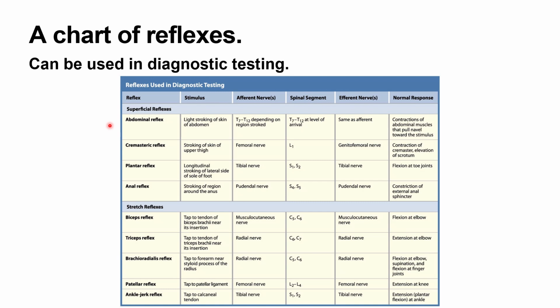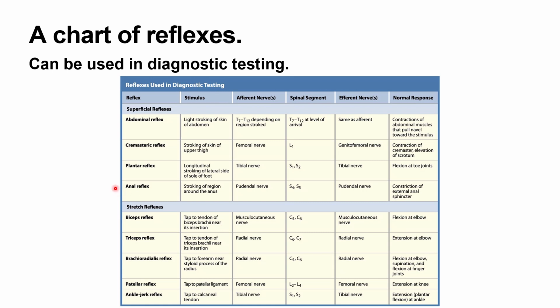A patient went and had a skiing accident, and there's a possibility that they have a compression fracture of the thoracic vertebral segments, and we are trying to determine whether that might be an issue. We want to be using the abdominal reflex for this patient. We do not want to be using the anal reflex for this patient. If they didn't have a blunt force trauma to the pelvic region, there is no reason to be putting this patient through an anal reflex test.